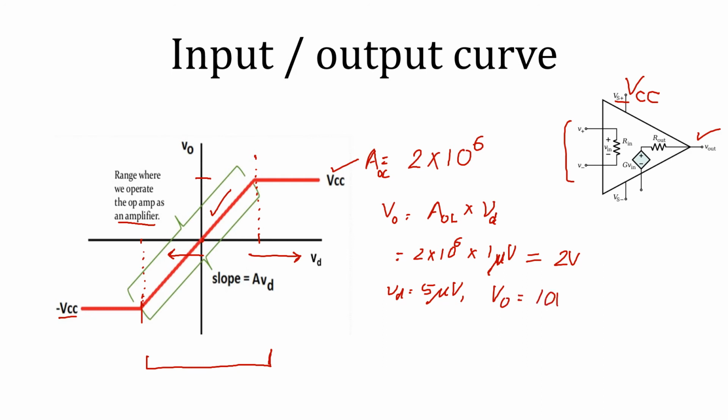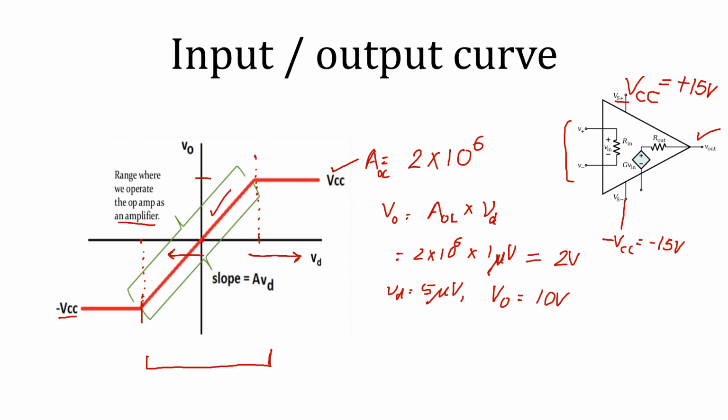Very good. Now we know usually we connect this operational amplifier at plus minus 15 volt, that is, pin number 7 is plus 15 and pin number 4 is connected to minus 15 volt. So minus VCC is minus 15 and plus VCC is plus 15. Now we are increasing VD.